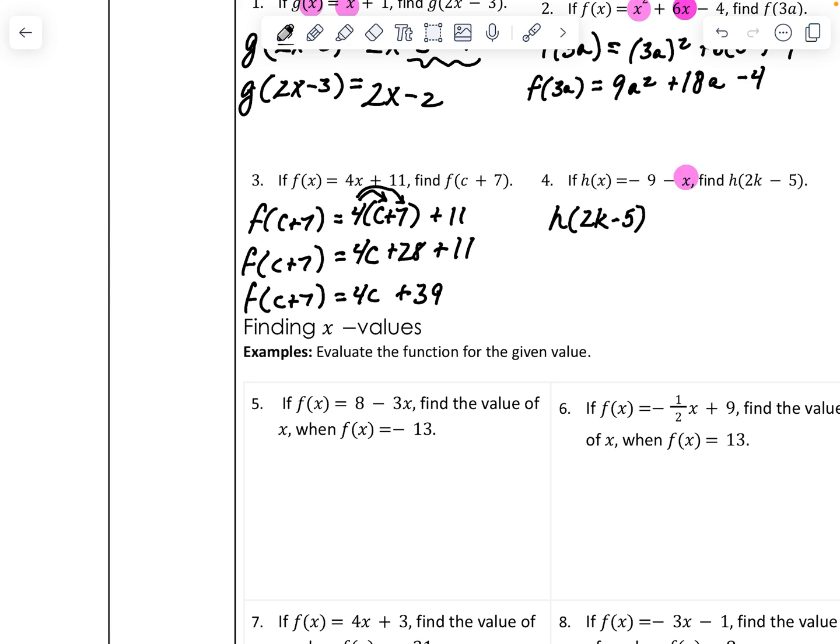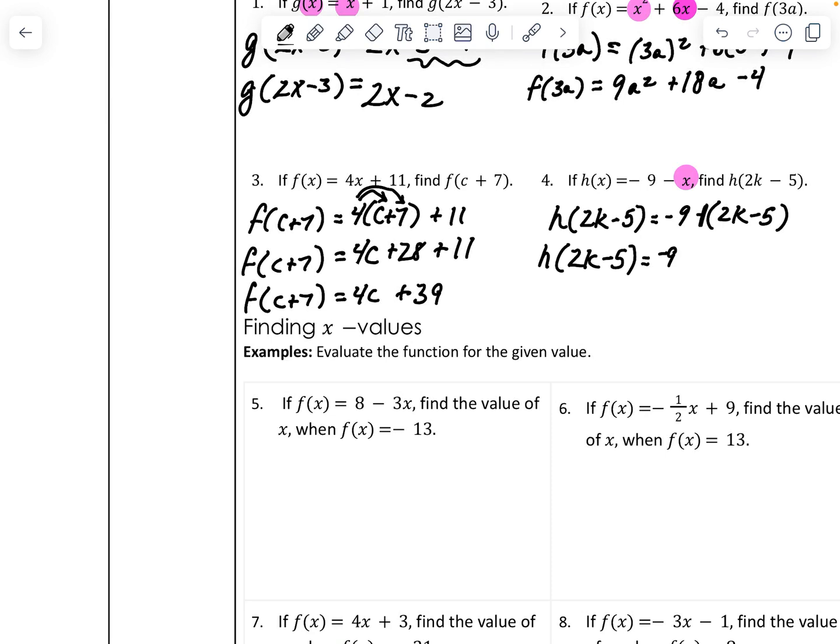So I have h of 2k minus 5 equals negative 9 minus the quantity 2k minus 5. Now remember, this minus sign has a negative 1 right there.